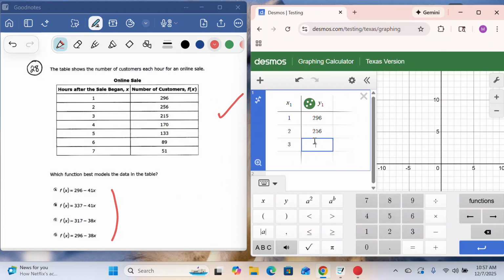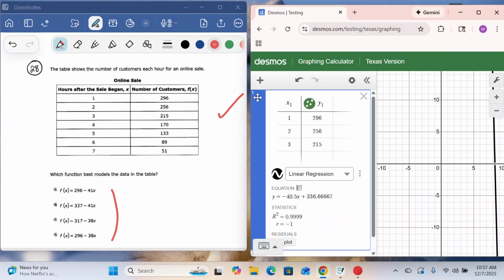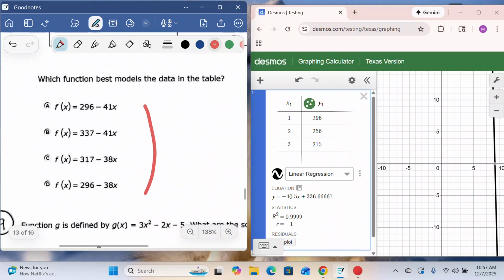So the last one was 215. And then I'm going to add regression. And the answer right here, if you look at this answer, it's negative 40.5. And I look at the answers and they kind of put them backwards, but it's negative 40.5x. So then automatically I know this one's wrong and this one is wrong.